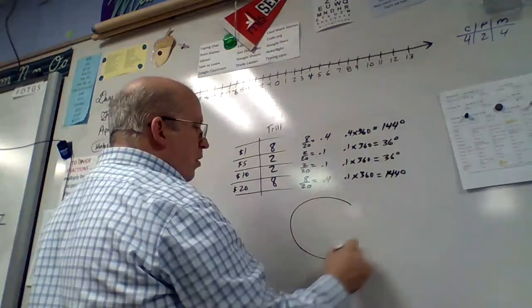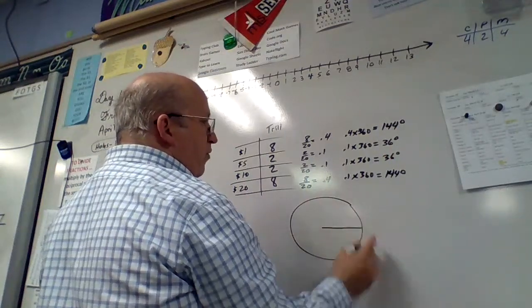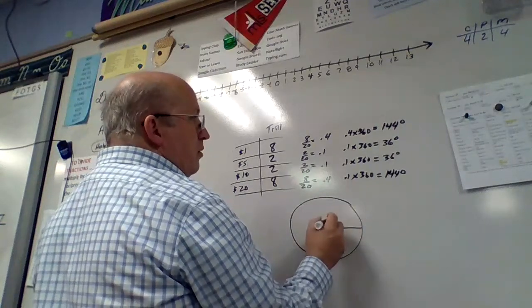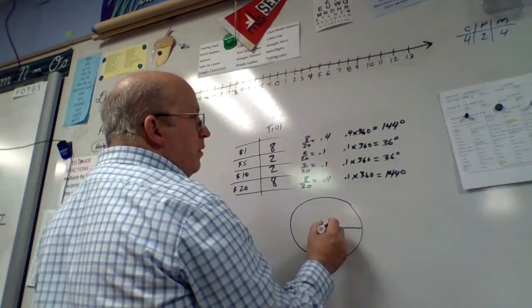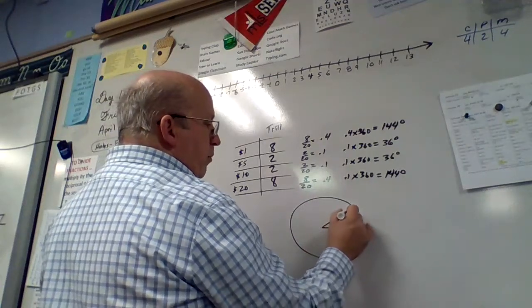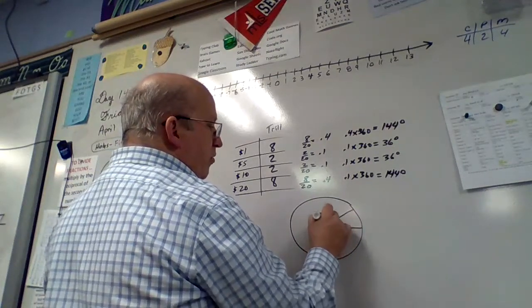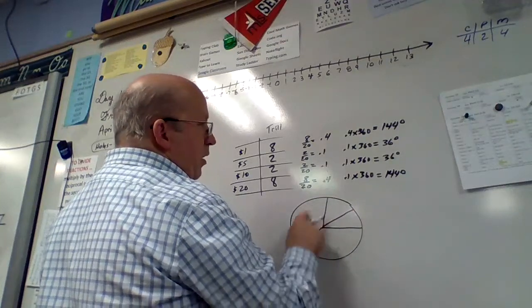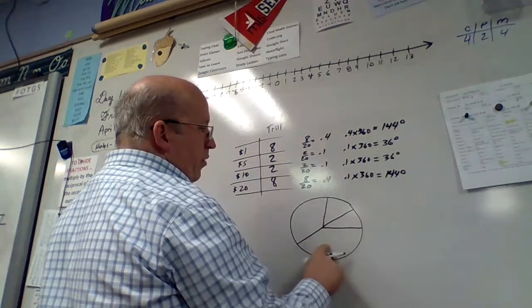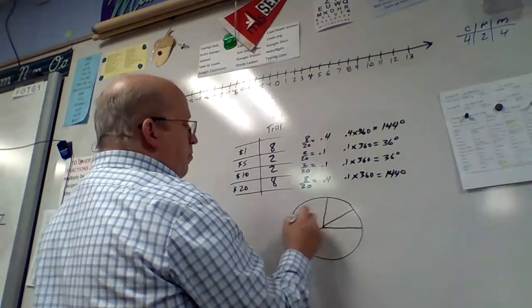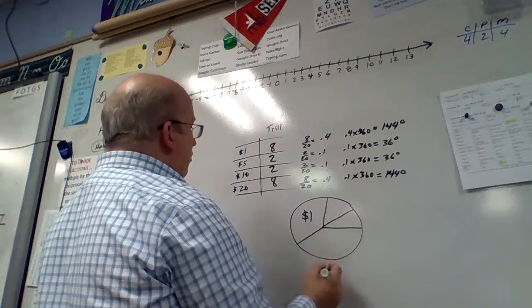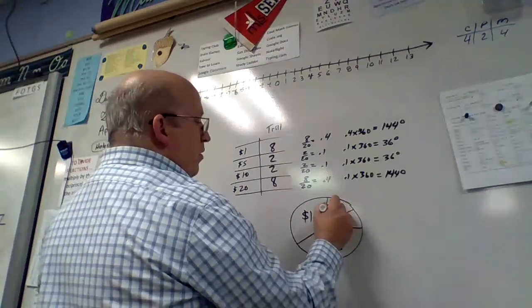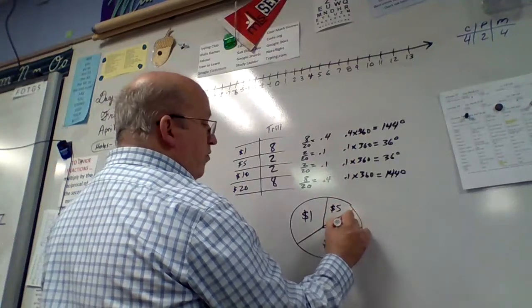So now, if I were to draw a circle graph, and I would create, I don't know, what, 36 degree angle, that would be about like that, and another 36 degree angle, that would be about that, and then there would be my 144 and my other 144. So this would be the value of $1, and this would be the value of $20 bills, and these would be the sectors for 5 and for 10.